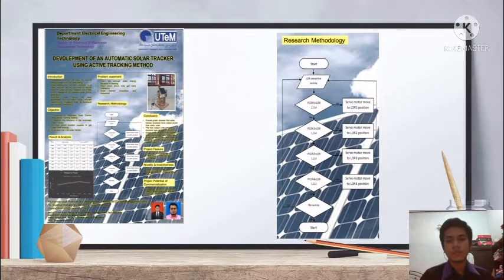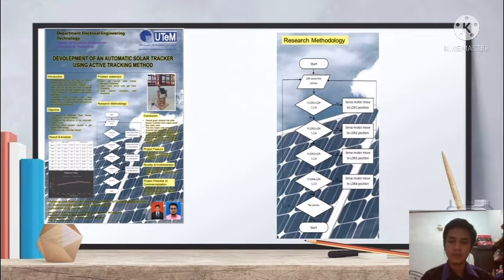Next, let's move to the research methodology. The input for this project is the sun ray, and this project will use LDRs. If one of them senses more sun ray or more irradiation, the servo motor will move to the LDR that gets more sun ray. For example, if LDR1 senses more sun ray, the servo motor will move to the LDR1 position.